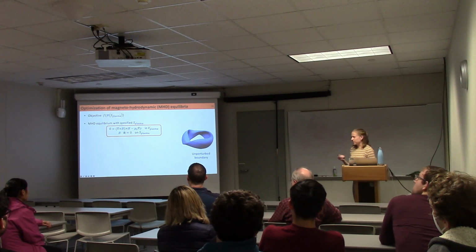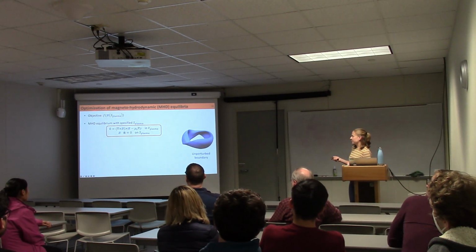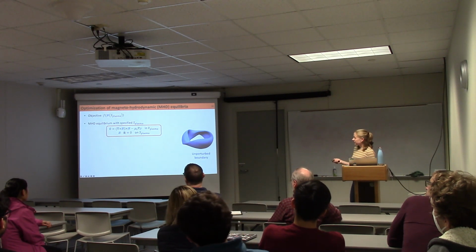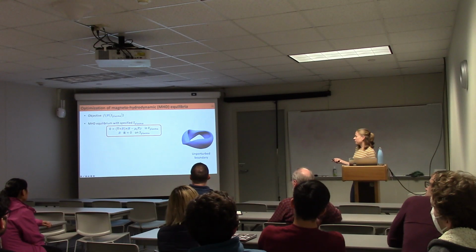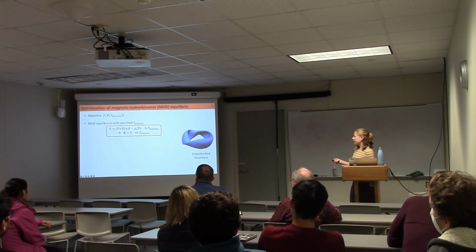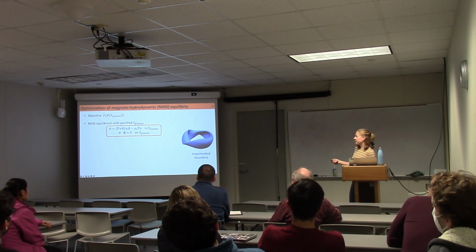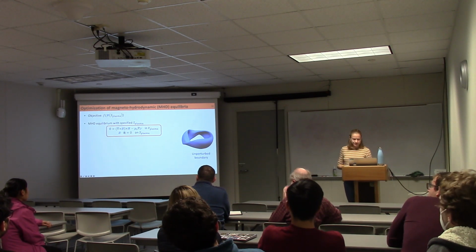And we want to think of some objective function that depends on this MHD problem through the magnetic field. You can see it's a nonlinear PDE because you have this curl of B cross B, and we specify some pressure profile here, which depends on the unknown flux. Essentially, the shape that we're specifying takes the place of our boundary condition.